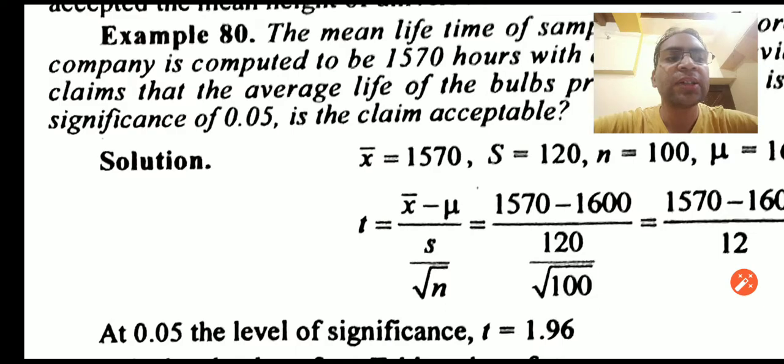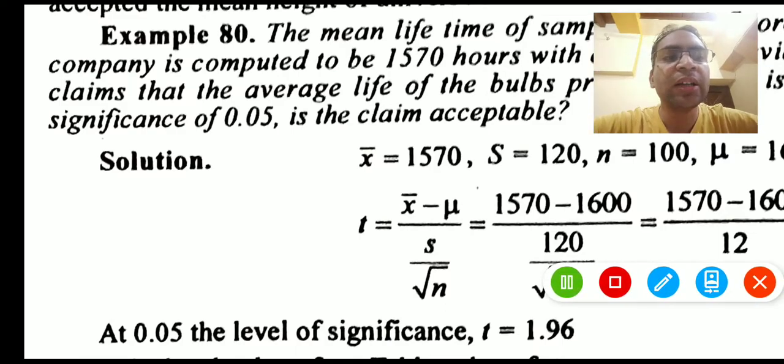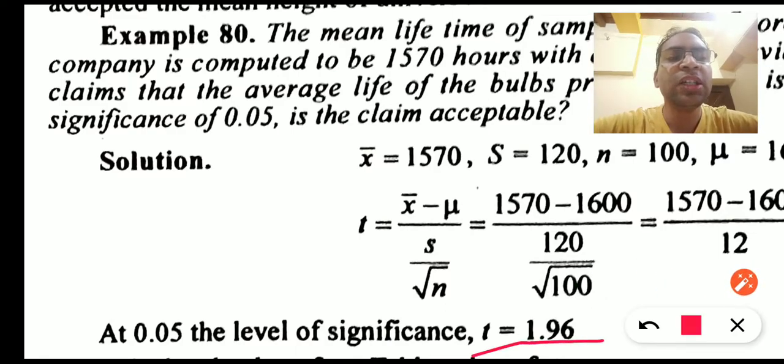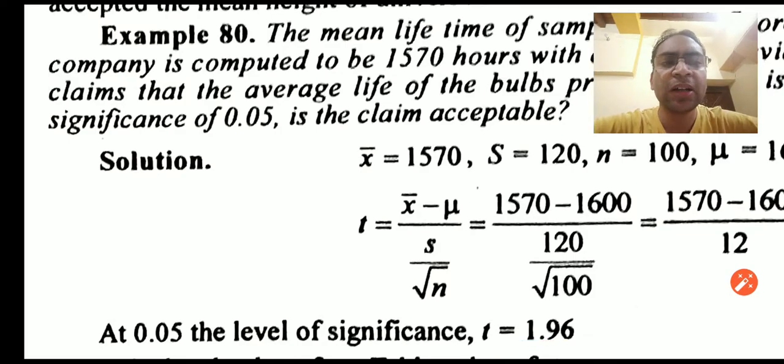There we had seen the normal curve. The standard value given was t equal to 1.96. You can go back to the previous lecture and see that at 0.05 level of significance t was 1.96. So we have to remember this standard value.